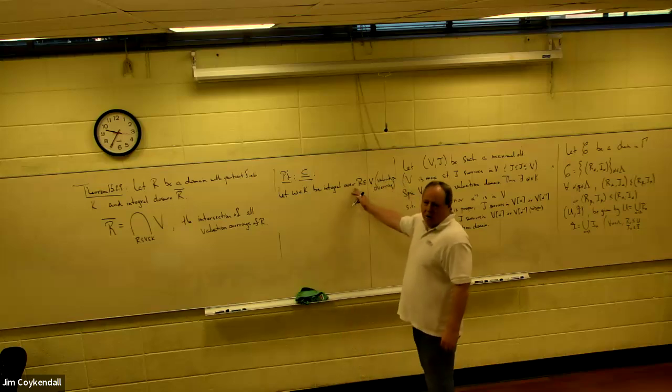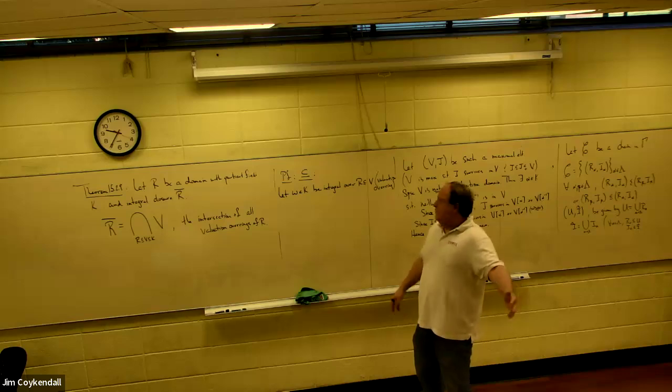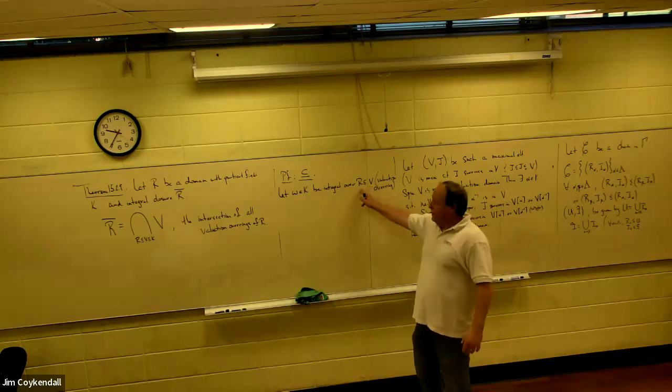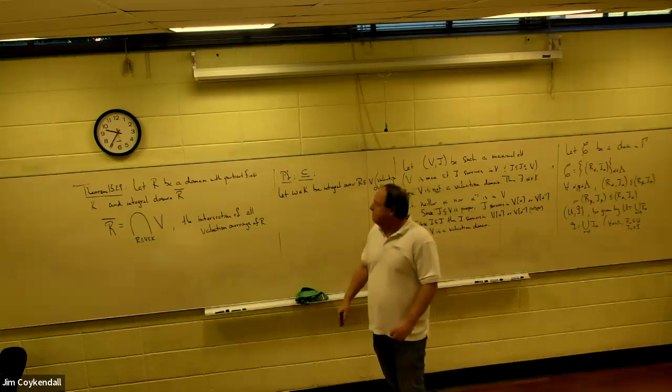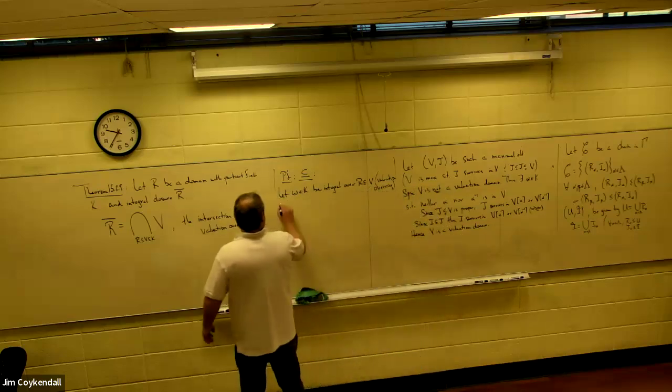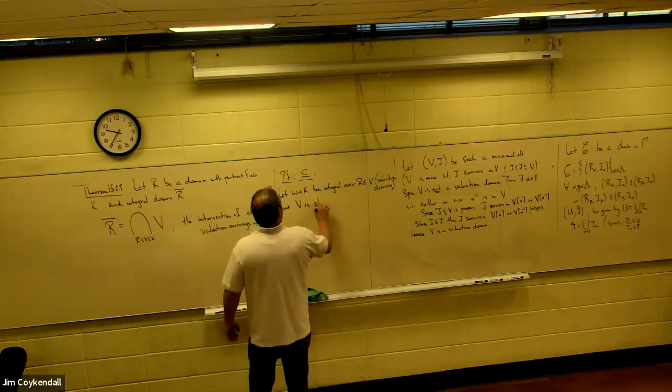If it's integral over R and V is a valuation overring, it's integral over V, because R is contained in V. I only need coefficients from R to make it integral; I've got more choices for coefficients here, right? Everybody okay with that? But V is integrally closed.